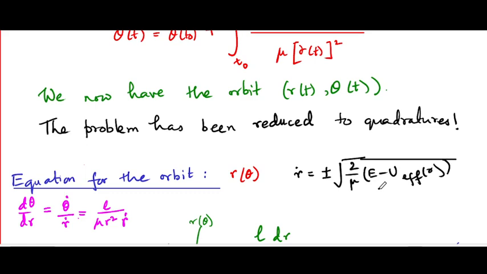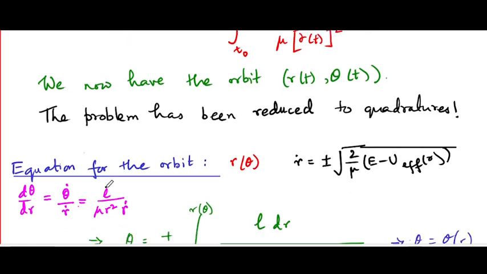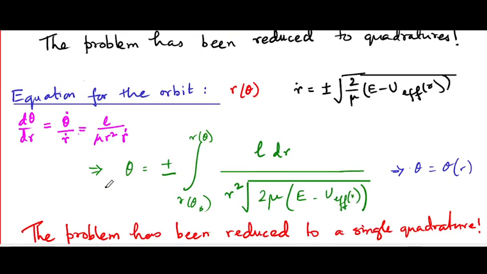So dividing L over mu r squared by this gives me an expression which depends on r and r alone, and therefore it's easy to separate the variables once again here. Write d theta as dr times this factor, which is a function of only r. And now it becomes very easy to integrate this.